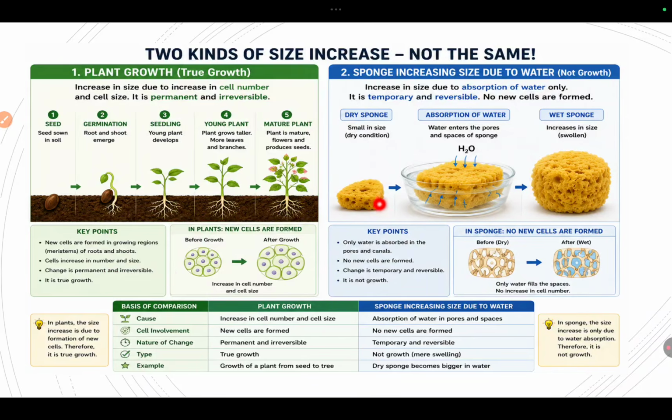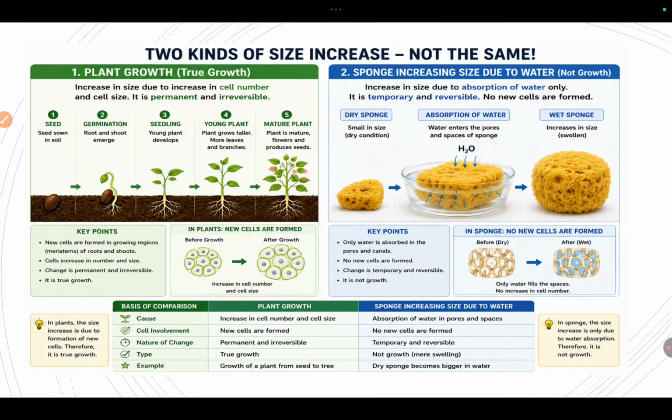Whereas when a sponge is absorbing water and increasing its size, cells are not increasing in number, not changing size, and this change is temporary and reversible. So we can see that growth is not something that is retention of water or just growing in size physically, but it is an internal process.